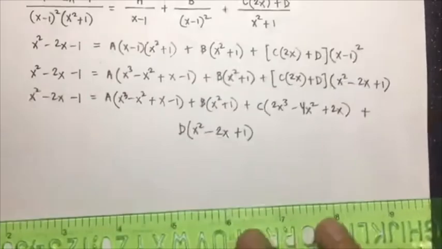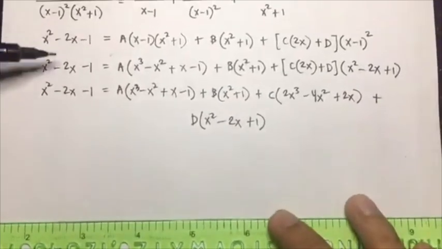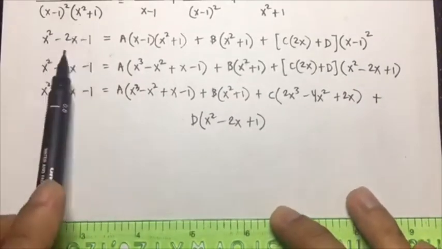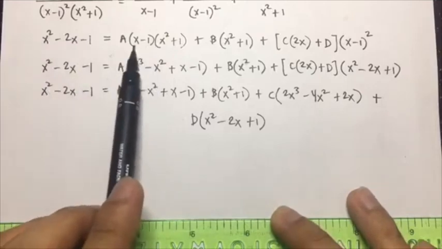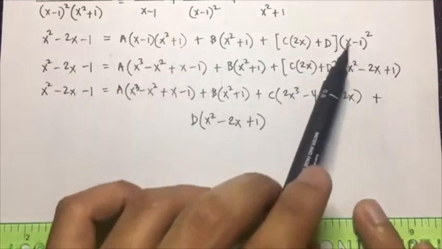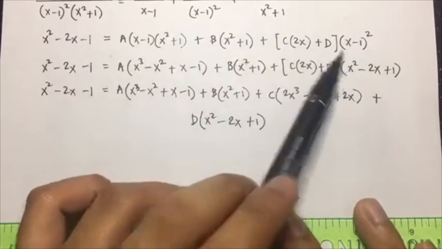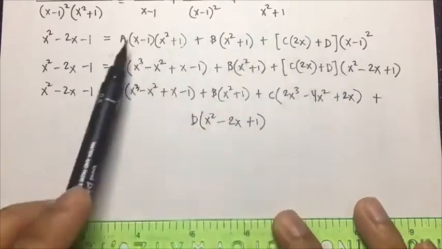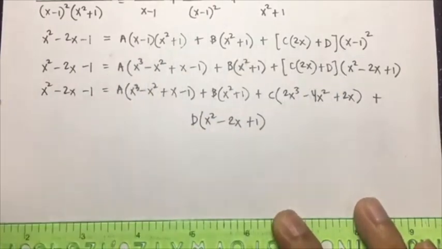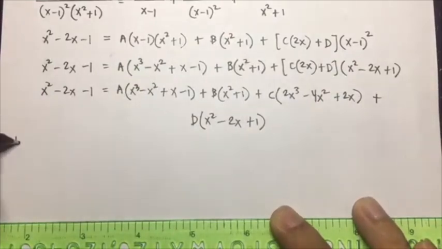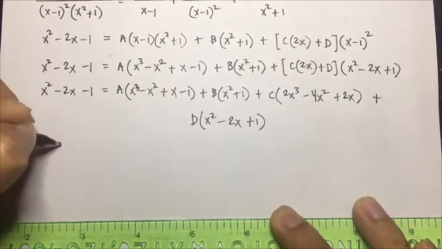So let x be equal to 1. We will substitute it here in the first one, because in the first one we haven't expanded it yet, so we can clearly see where x minus 1 is. Those terms that contain x minus 1 will become 0. So let x equal positive 1.